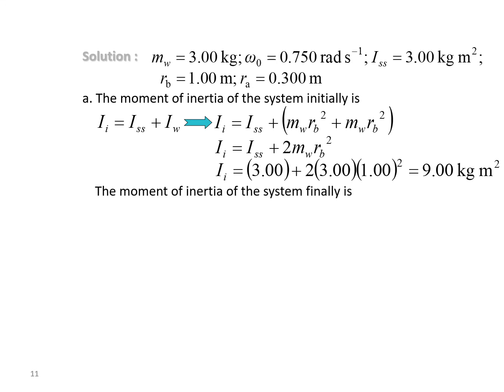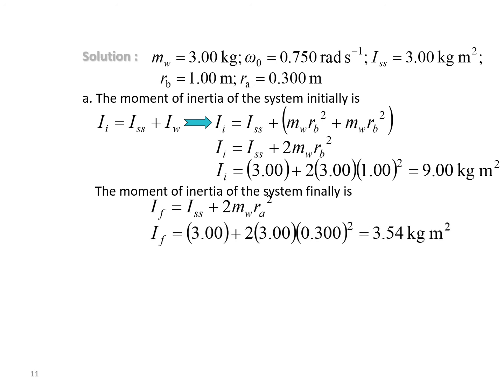And then finally, we have to recalculate student plus stool, which is constant. Now over here we will have a change in the distance because he pulled his hands inward. The initial distance is 1 meter, right? Now it will become 0.3. Replacing in the value, we end up with 3.54.